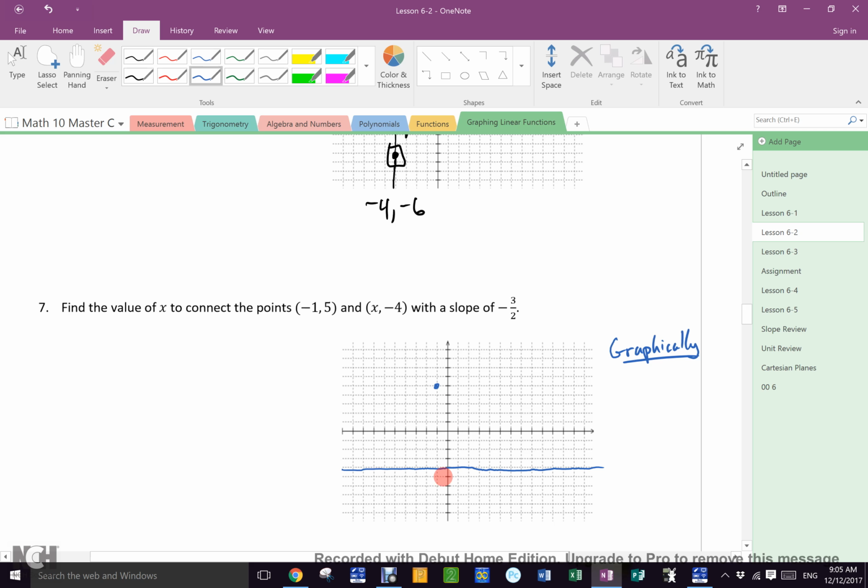So since I got to go down, what rise would I use? Up or down? Down. But since I need a negative slope, what run do I use? Positive. So if I go down 1, 2, 3 and right 1, 2, do I keep my slope? Can I keep going?